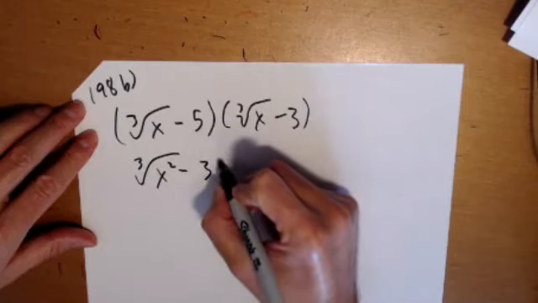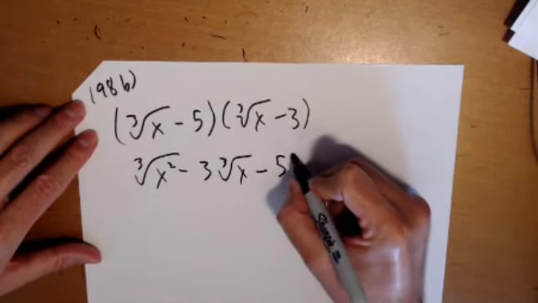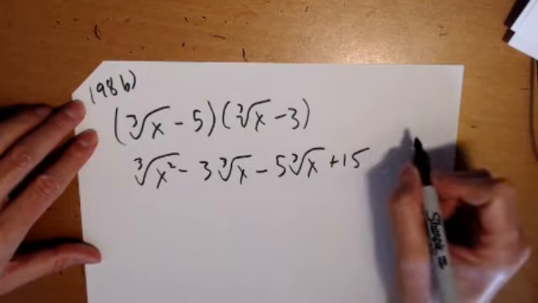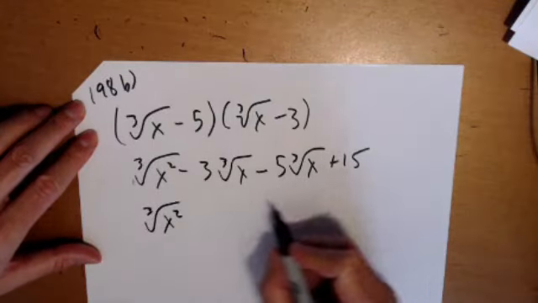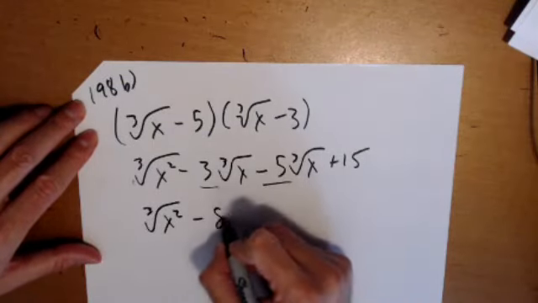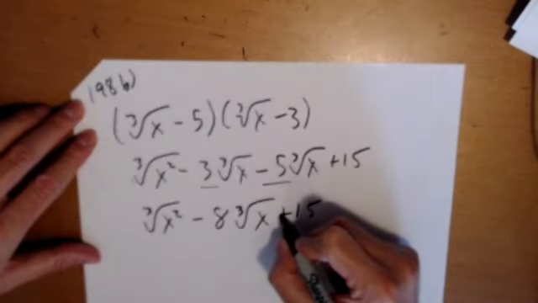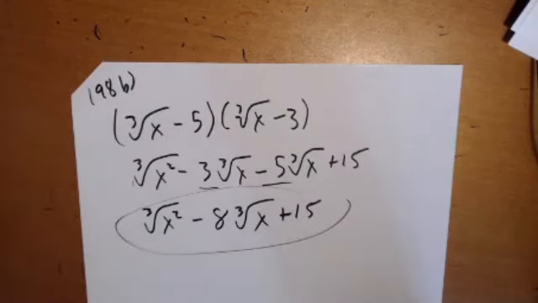Outsides minus 3 cube root x. Insides minus 5 cube root x. Outsides 15. This doesn't clean up, so it's just sitting there. Minus 3 of them, minus 5 of them, that's minus 8 of these cube root of x's, and then plus 15. That's about as good as it gets. Cool.